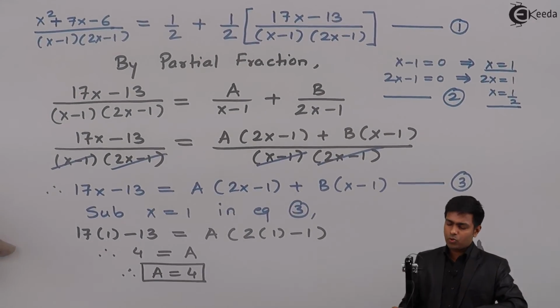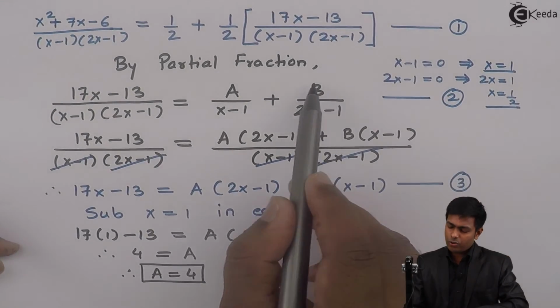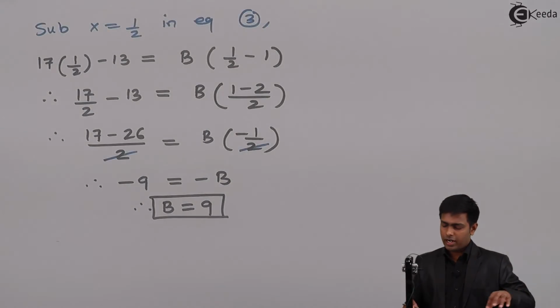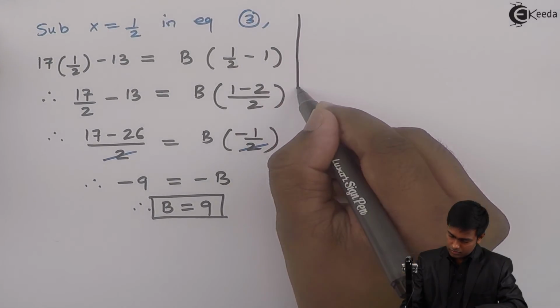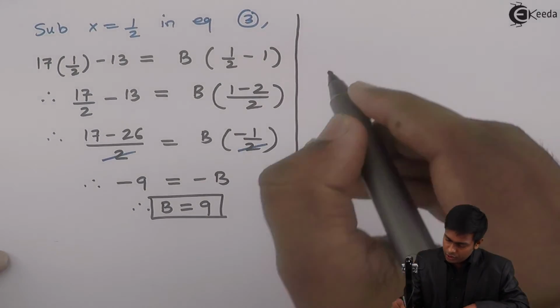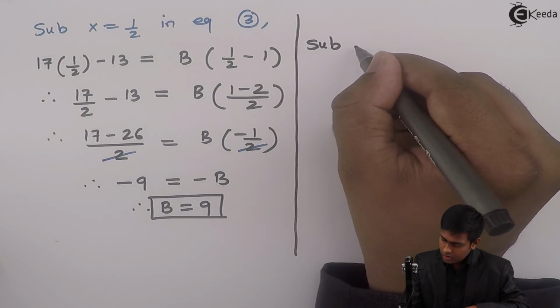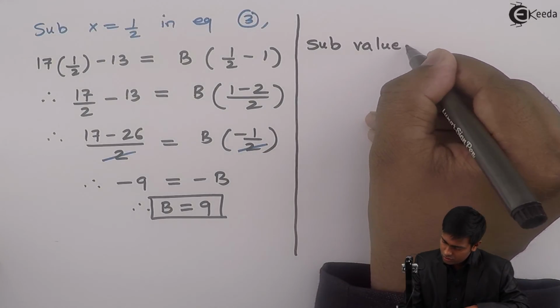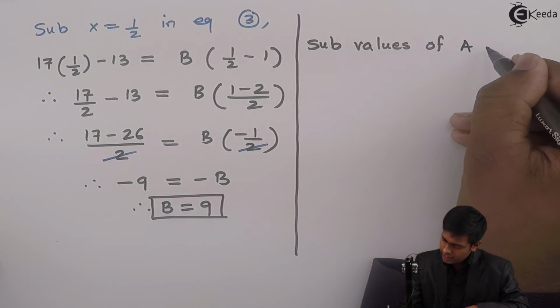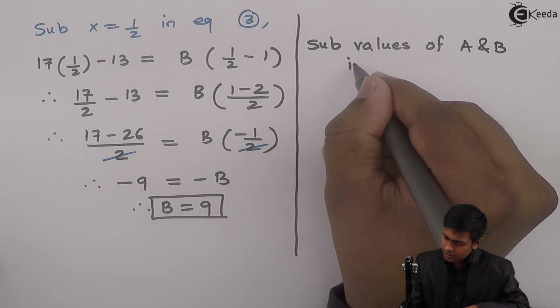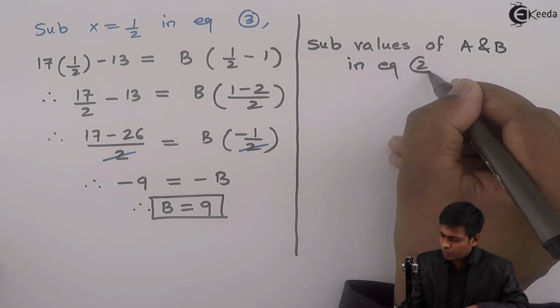So we will substitute these two values in equation 2 to get the partial fraction. So here I will say substituting values of a and b in equation number 2.